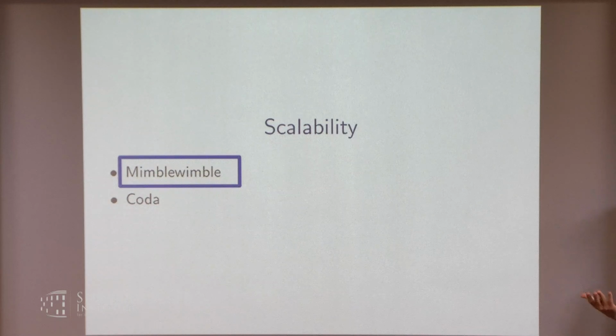And what Mimblewimble tries to do is only store in the blockchain the information that is relevant now. That is, what are the coins that exist in the system, and cryptographic information that ensures that this is a coherent state of the system.